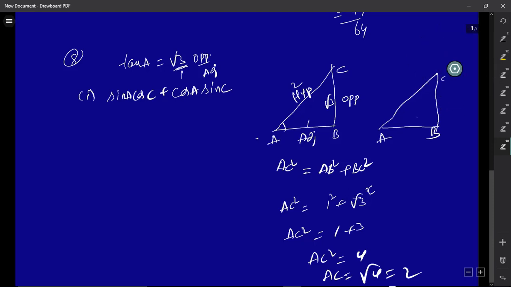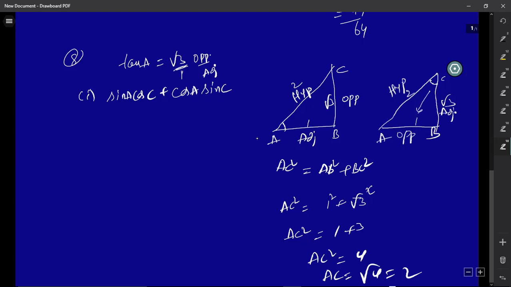AB is 1, BC is √3, AC is 2. With respect to angle C, AB is the opposite side, AC is the hypotenuse, BC is the adjacent side.